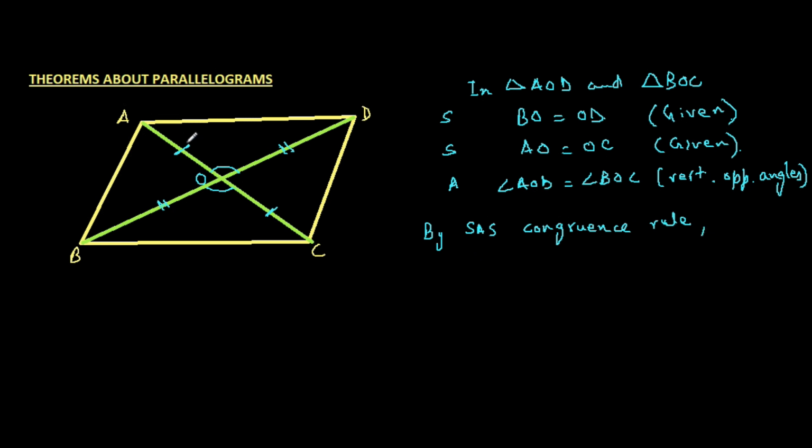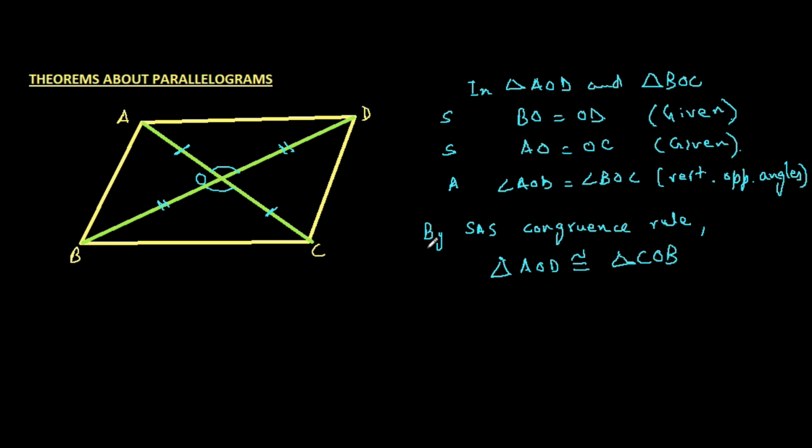We can say that triangle AOD is congruent to, so again AOD, we are going from the single mark to the double mark, so we'll start with here, COB, so that's congruent to triangle COB.